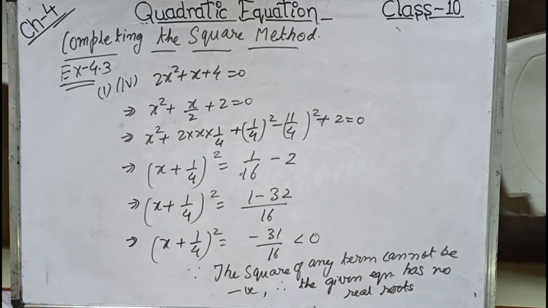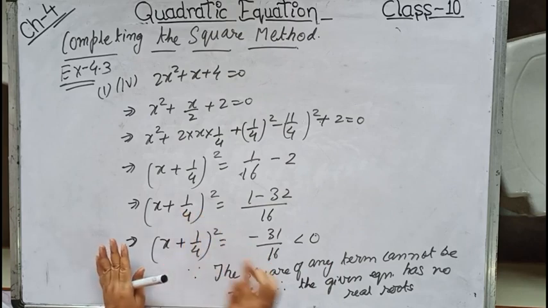We cannot say that it has no roots. It has roots, but those roots are imaginary, which we will be studying in further classes. But till then we will be simply writing that it has no real roots.